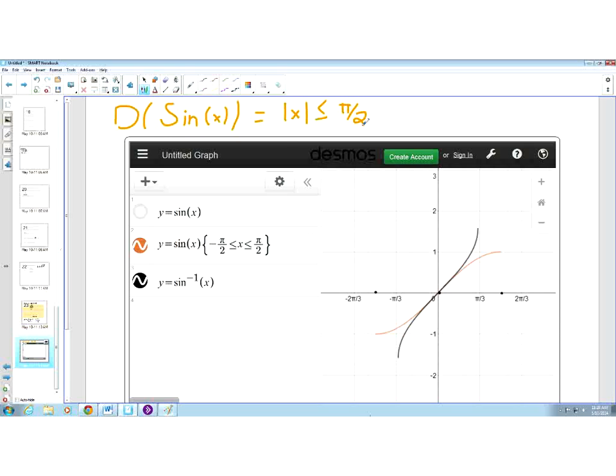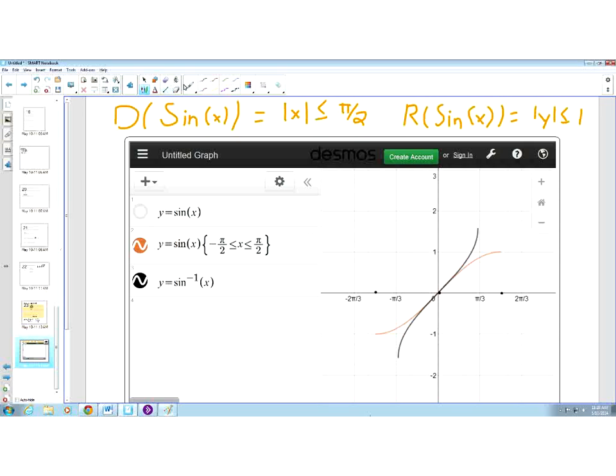Right? And when we take the inverse, I'm sorry, let's talk about the range of the principal sine function. The range of the principal sine function is the absolute value of y is less than or equal to 1.